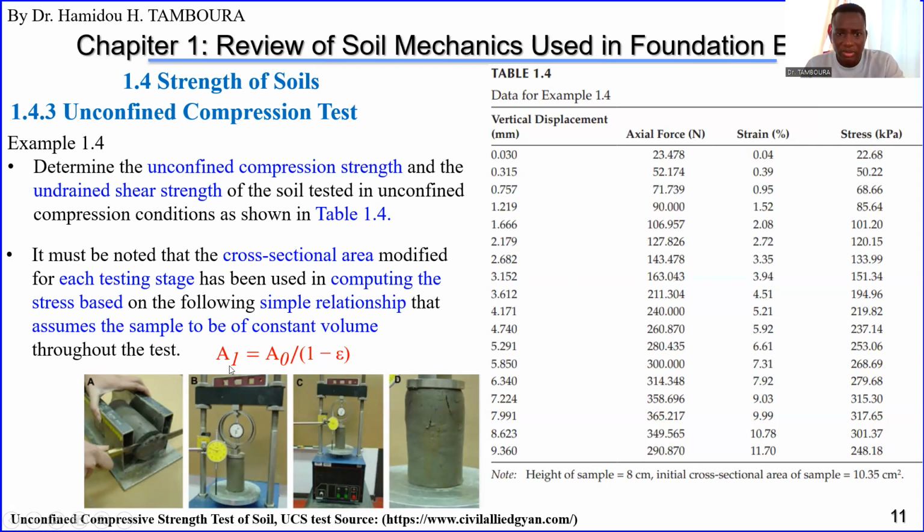This is just to explain how the test works. You will not consider the same cross section from the beginning to the end. Anyway, you obtain the stress and the strain here.